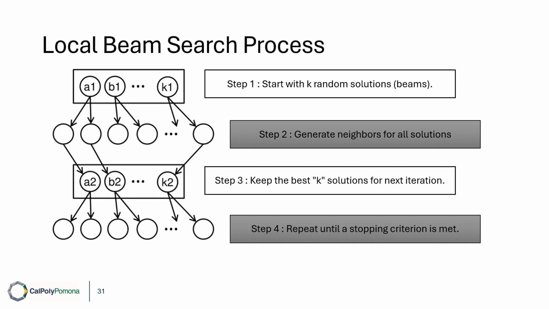The arrows in the diagram demonstrate how the process repeats, moving layer by layer, refining the solution space at each step. So this local beam search process ensures a balance between exploration by generating diverse neighbors and exploitation by focusing only on the most promising solutions.